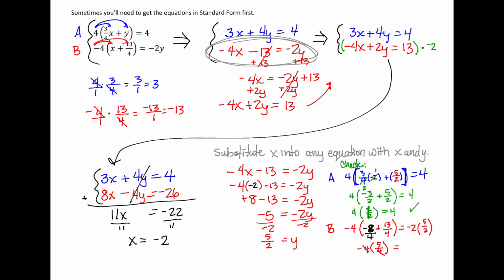And over here, the 2's cancel. So I get -5 on this side, and I have -5 on this side. So that is also true. My answer then is -2, 5/2. Kind of crazy. And that was definitely the hardest problem we've seen.